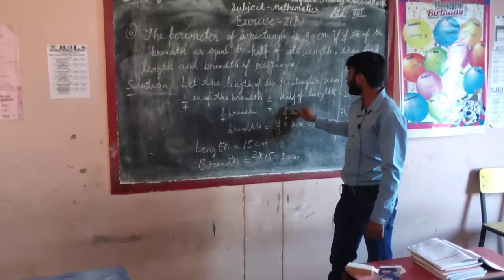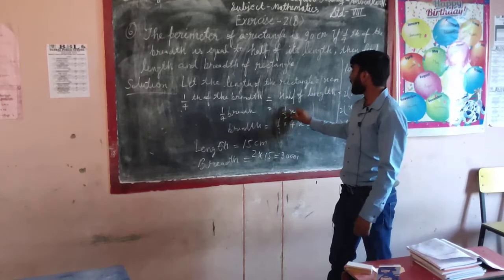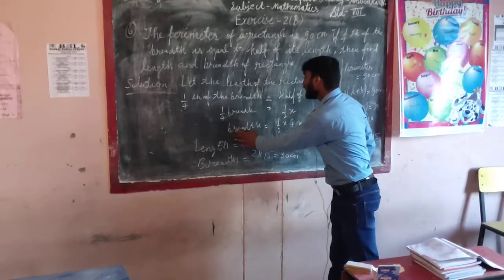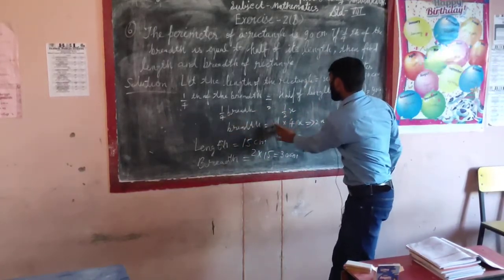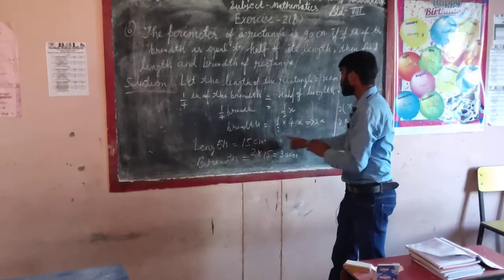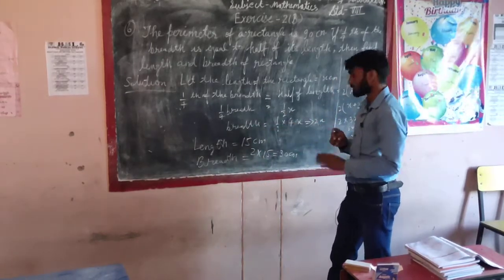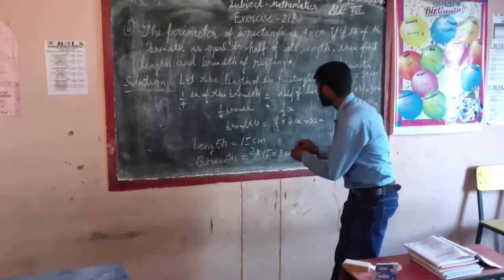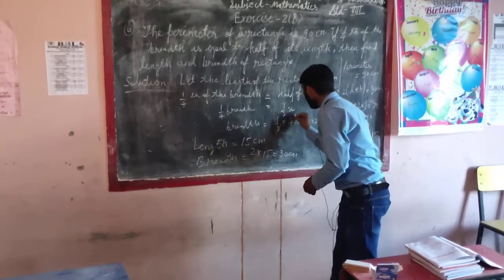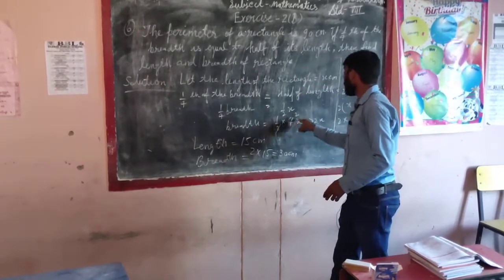Half means 1/2. Length is x centimeter, so 1/2 x. Breadth will be 4 into 1/2 into x, that means 2x. यहाँ आप 2 से कैंसिल कर दीजिए.